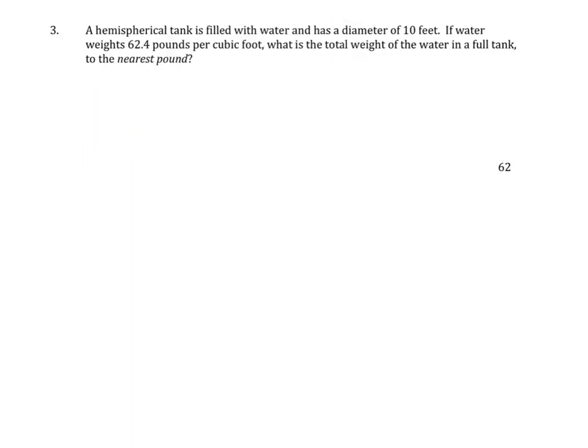Number 3. A hemispherical tank is filled with water and has a diameter of 10 feet. If water weighs 62.4 pounds per cubic foot, what is the total weight of the water in a full tank to the nearest pound? So the first thing I'm going to start out with is hemispherical, and I know that's 1/2 of a sphere, so we're going to have to take that into account.